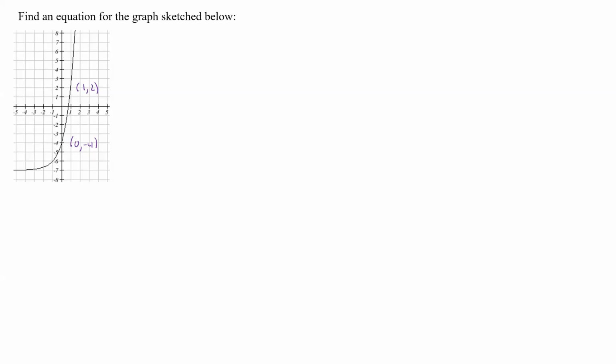Okay. All right. So on this one, what I would do, I would look for that horizontal asymptote first. If I look here, it looks like their horizontal asymptote is y equals -7.